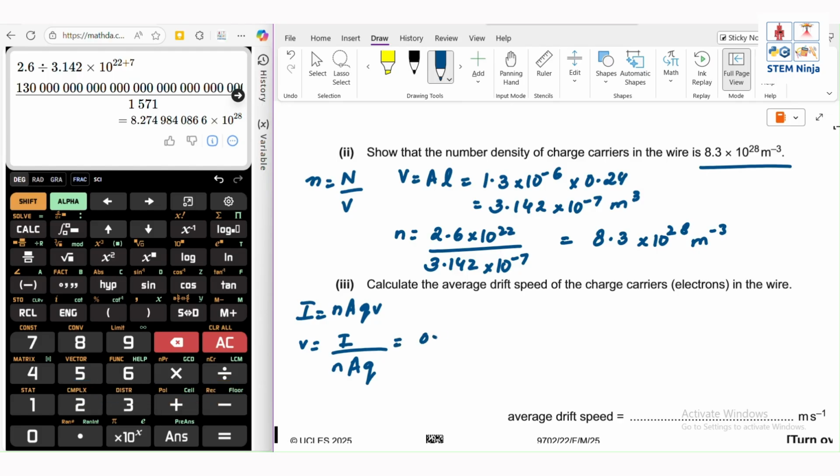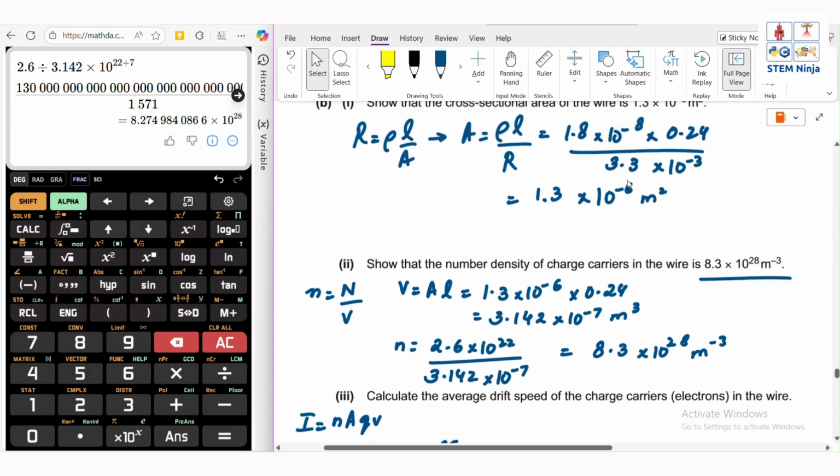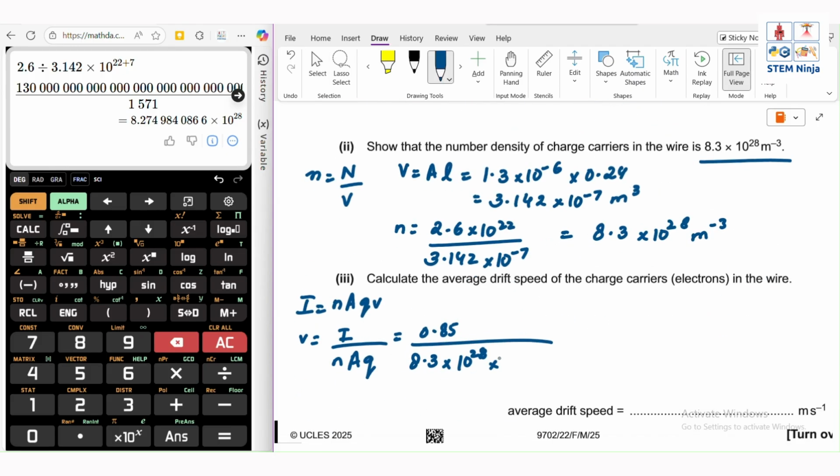So I was 0.85, and we have found n to be 8.3 × 10^28, cross-sectional area we found to be 1.3 × 10^-6, and fundamental charge is 1.6 × 10^-19 coulombs.